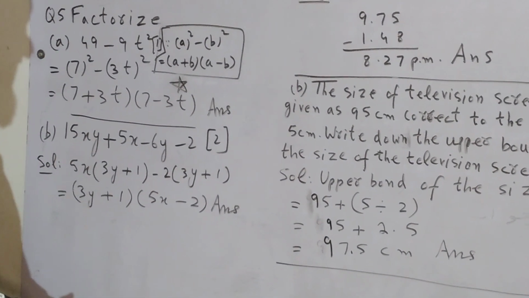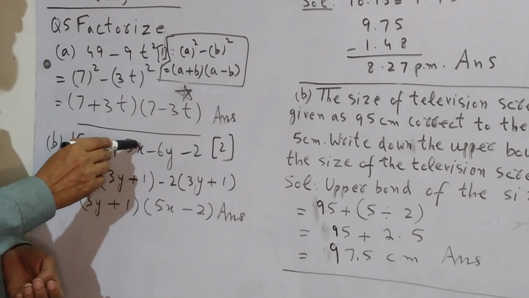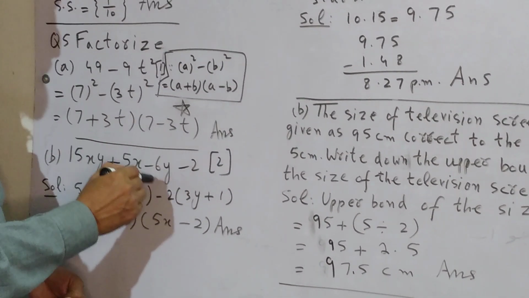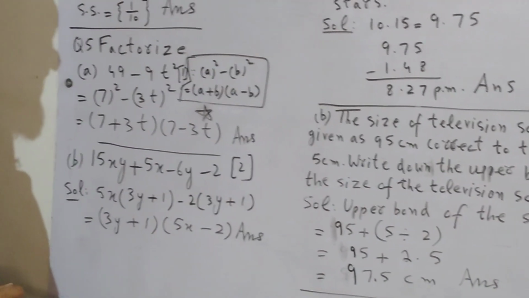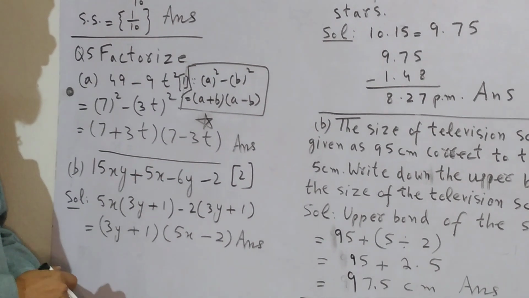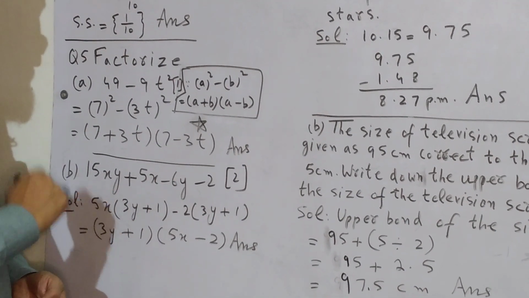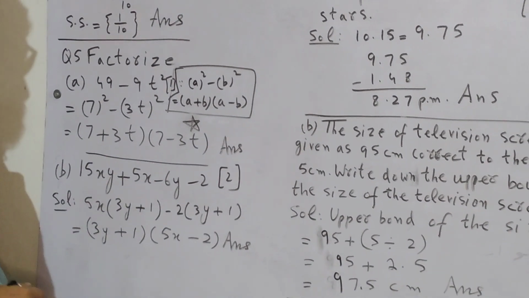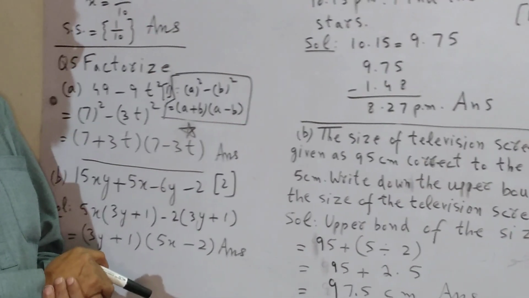Here the strategy is different. We may see that there is something common between the first two terms and something common in the last two terms. So we take something common from the first two terms and then from the last two terms, and the remaining part is the same in both brackets.